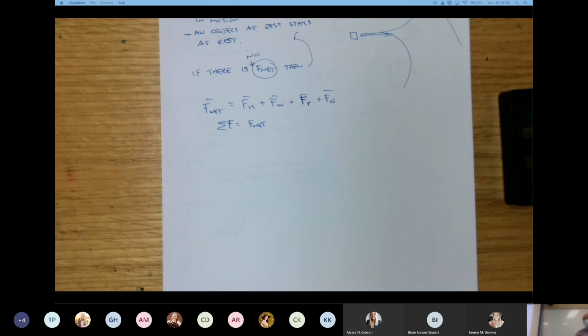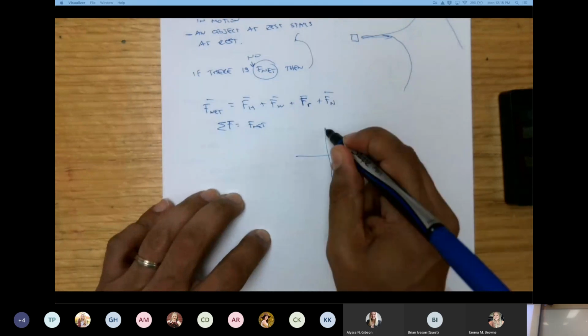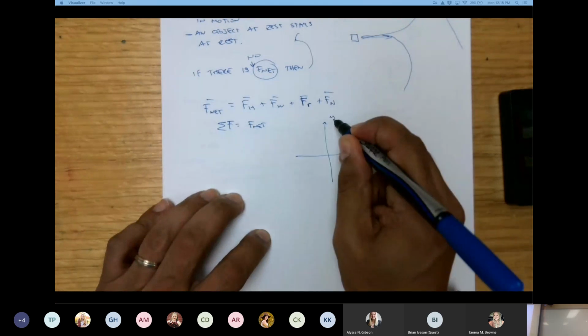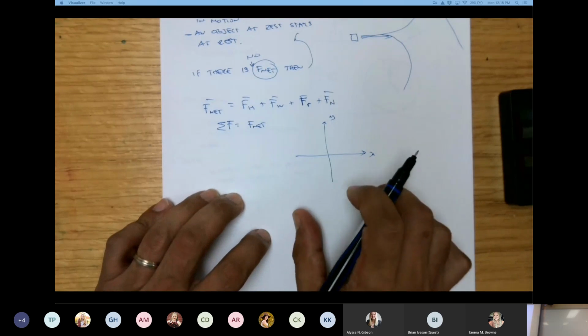Okay. Now, because forces are vectors, we need to set up the vectors in our frame of reference, in our coordinate system. So we're going to set up our coordinate system, XY. And in this coordinate system, we're going to draw our object and we're going to draw our forces.